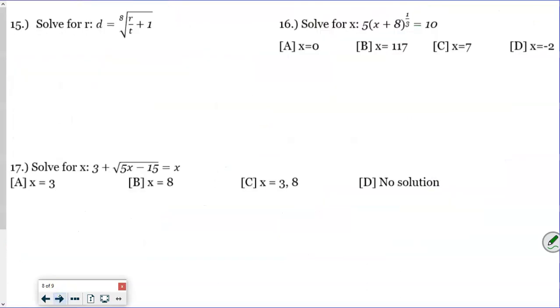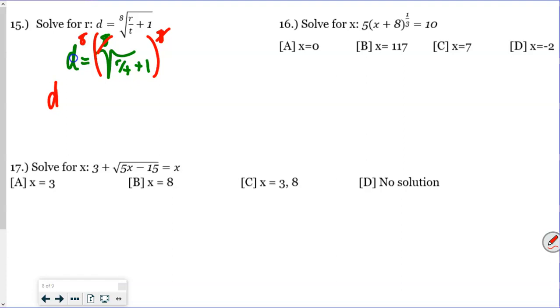So solve for R. So we're going to do D is equal to the 8th root of R over T plus 1. So I'm going to take both of these to the 8th power, aren't I? So that's going to cancel out those roots. So this is going to be D to the 8th is equal to R over T plus 1. So I'm going to subtract 1 from both sides.